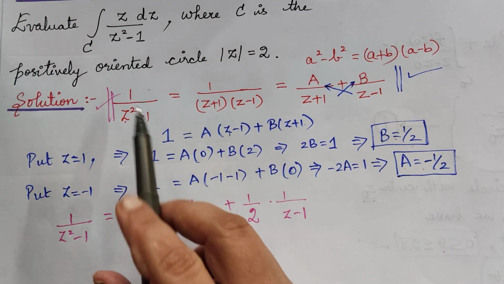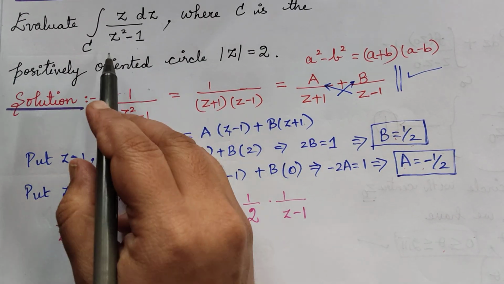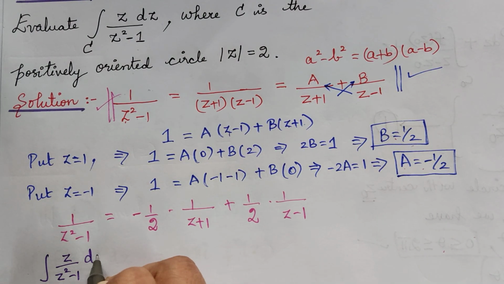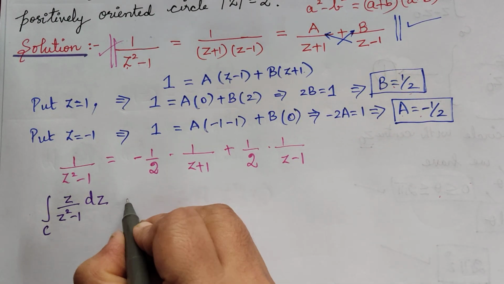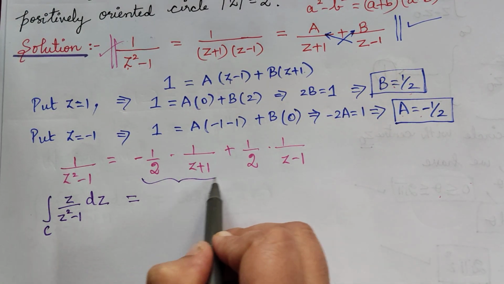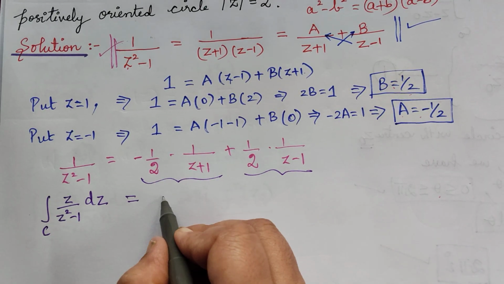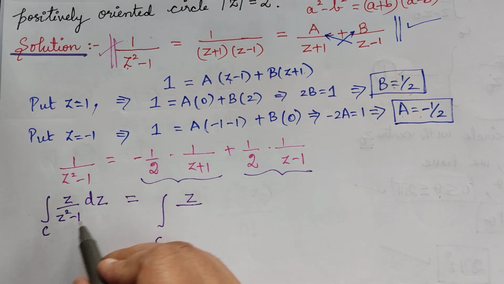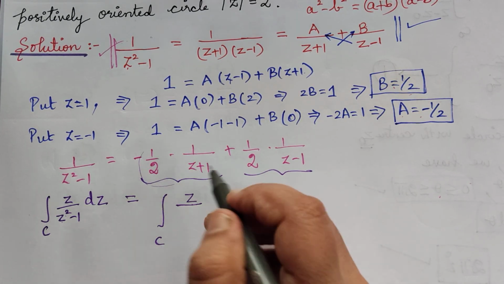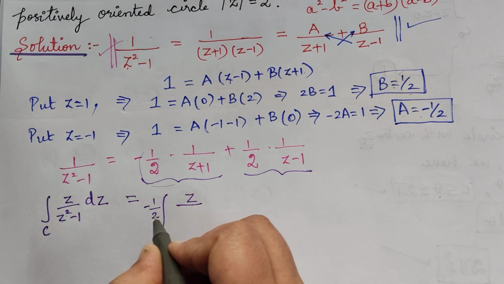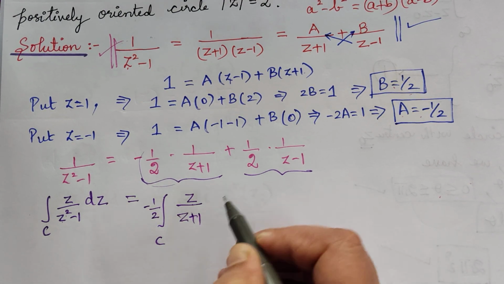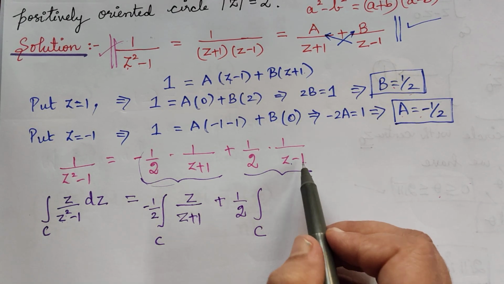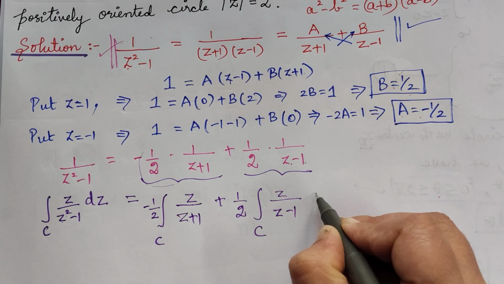We shall now substitute this in this integral. Using this, the integral over C, z by z square minus 1 dz can be split up into these two integrals. First, the integral over C of z by z plus 1 with minus 1 by 2 taken out, and then plus 1 by 2 integral over C of z by z minus 1 dz.